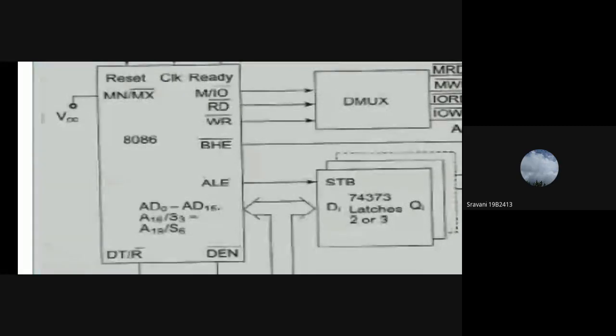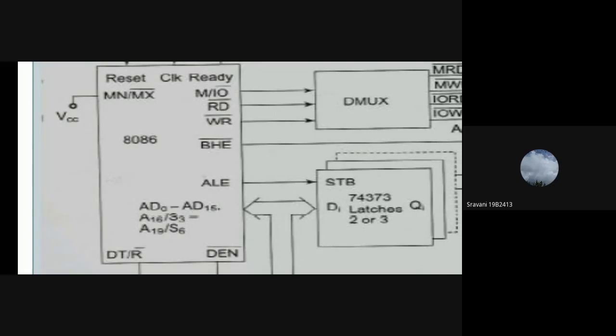You can see that there are only minimum mode pins: memory input output, read, write, bus high enable, ALE, DEN bar, and DT by R bar. These are the pins which make the microprocessor operate in minimum mode configuration. If these pins are active, the microprocessor is operating in minimum mode configuration. So this is your microprocessor block.